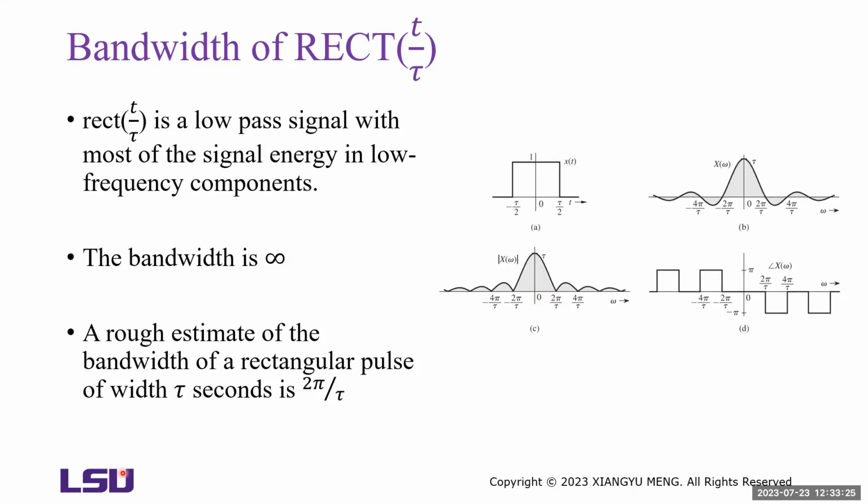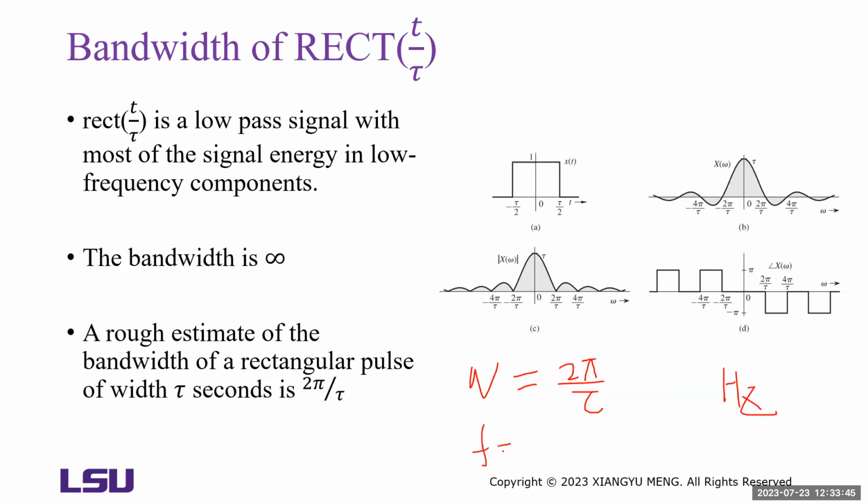If we consider this in frequency with unit hertz, the bandwidth is 2 pi over tau in omega.